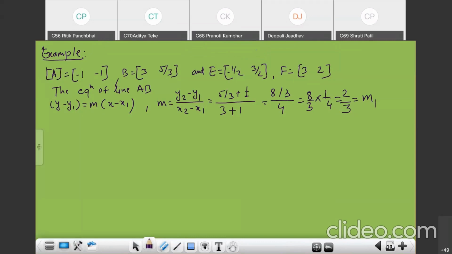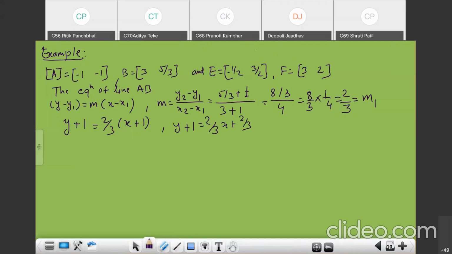So we write the equation of this one, y minus y1. What is y1? Minus 1. So minus minus becomes plus. Slope m is 2 by 3, x minus x1. x1 is again minus 1, so minus minus becomes plus. The equation is y plus 1 is equal to 2 by 3x plus 2 by 3.